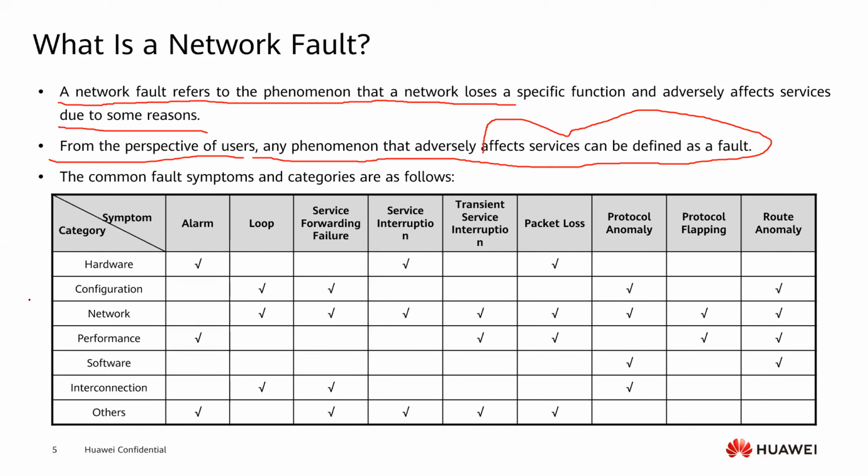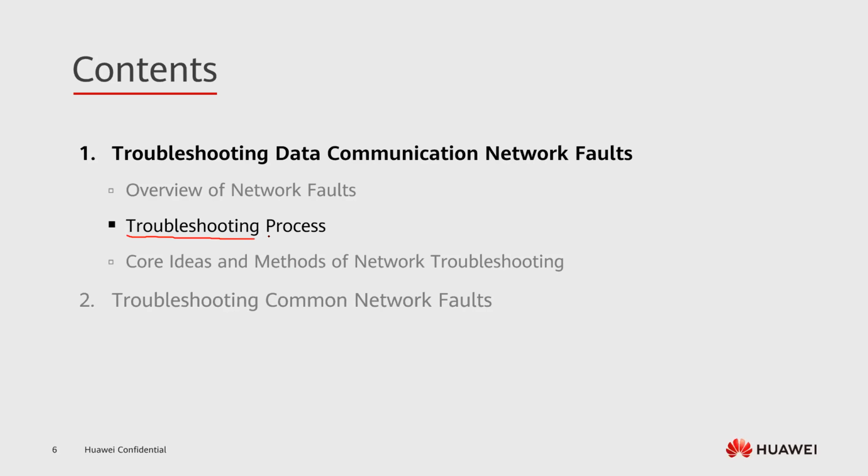Here we list some categories and symptoms. For hardware, if the device hardware has a fault, it may cause packet loss, and the device will also give you an alarm. The mapping between the preceding fault symptoms and the categories varies according to different scenarios. This is just an example. Then we learn the troubleshooting process.